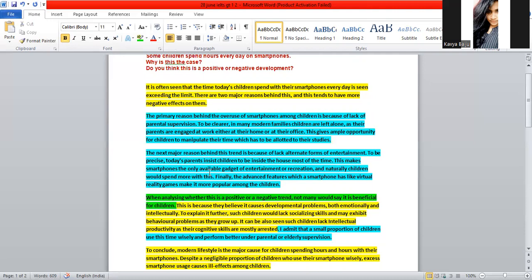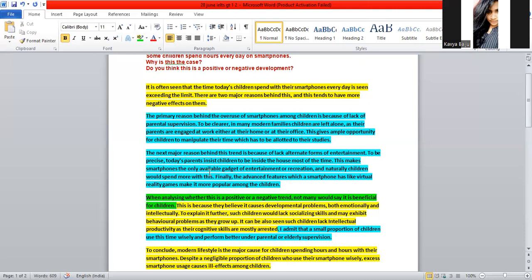So we are going to say in this paragraph that the majority of the people, when they are asked, will say that this has some negative effects, not many positive effects. So this is what we have to explain.